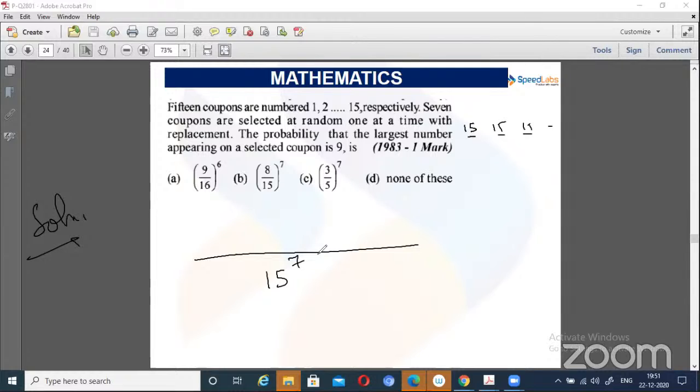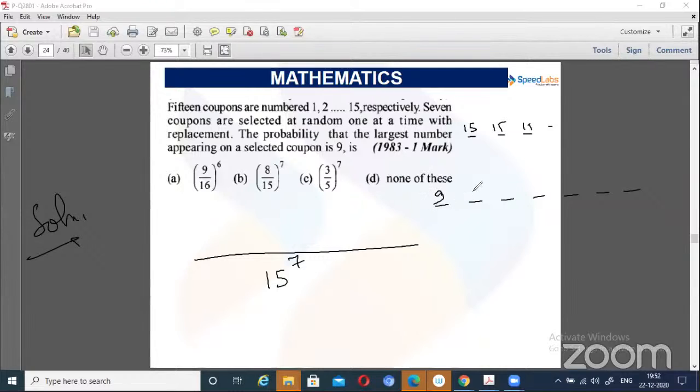मतलब एक 9 तो आना ही चाहिए वहां पे. मतलब at least one of them should be showing me 9. So what I'll do is find what. So in the 7 draws, the cards I can select is from 1 to 9.